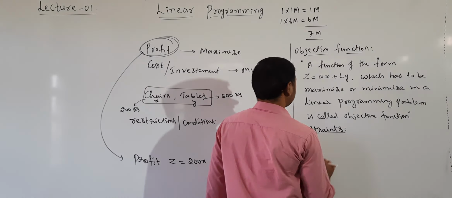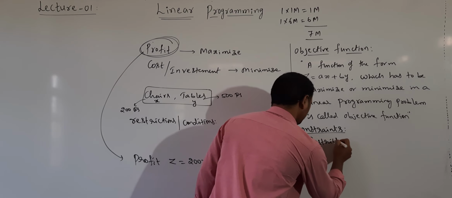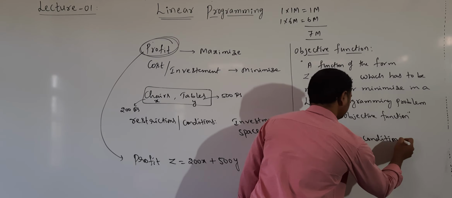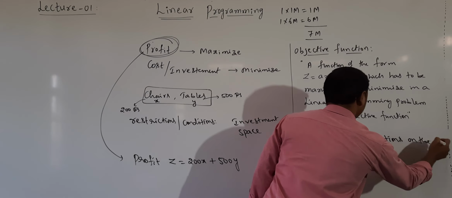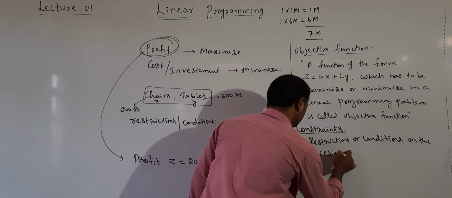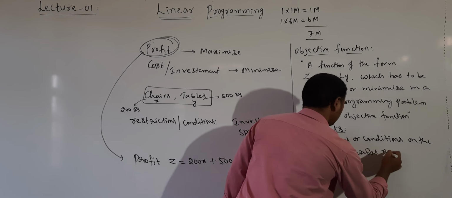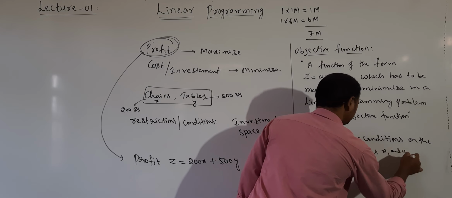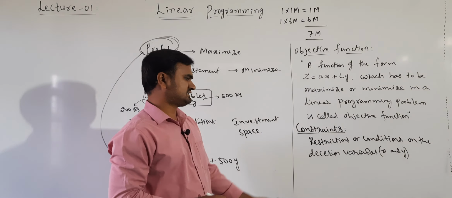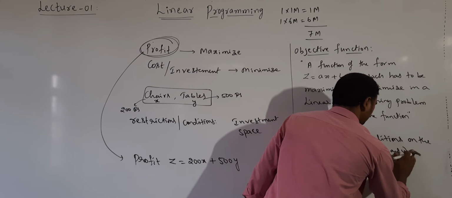So constraints are defined as the restrictions or conditions on the decision variables. The decision variables are x and y.